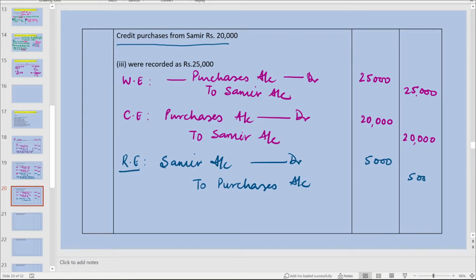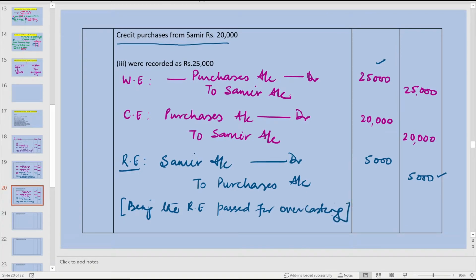So what happens? On the debit side of purchases 25,000 was there, on the credit 5,000 is there, so the 5,000 amount gets nullified. So you can say being the rectification entry passed for overcasting. That's more than enough. I will show you in a T account how this reflects. For example, if I have here purchases account.